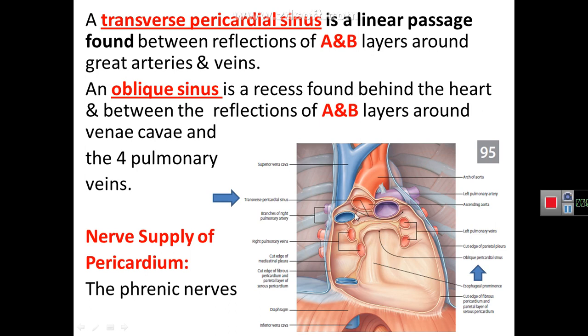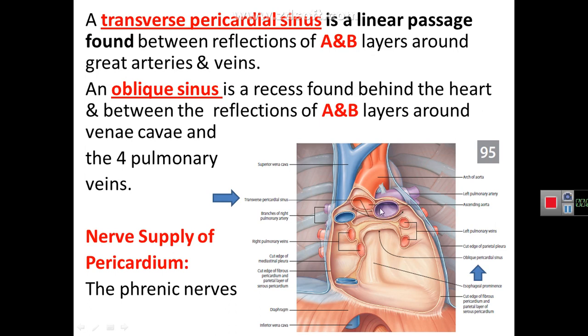The first space to be described is the transverse sinus, which is this one. It is defined as the space between the reflections of the visceral and serous pericardium around the great arteries and veins. So this is the ascending aorta, and this is the pulmonary trunk.